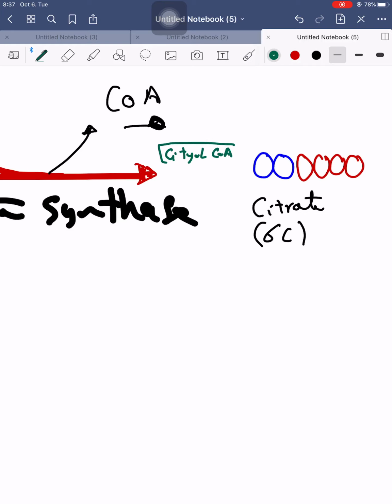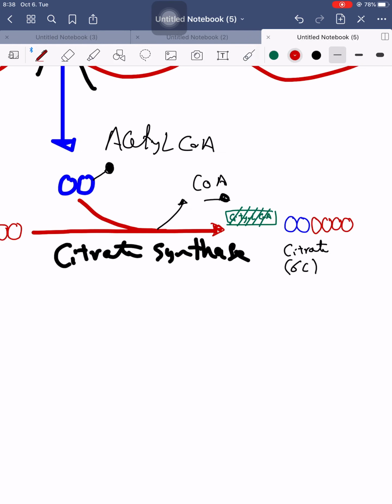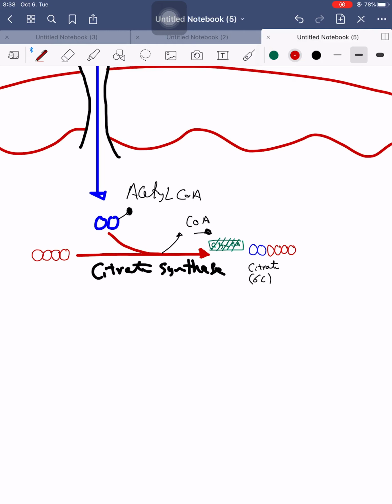That citryl CoA is very fast to hydrolyze. So when it is hydrolyzed immediately, it does not stay for a long time. This will make the reaction irreversible. That reaction goes in only one direction, not two. Remember, very important, it is irreversible.